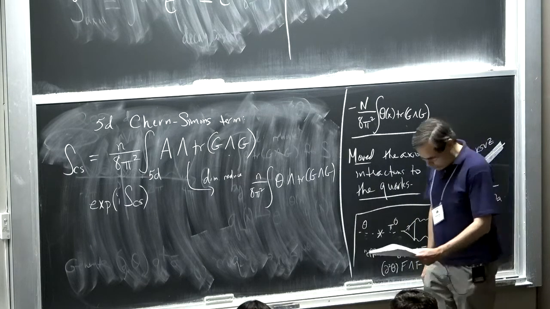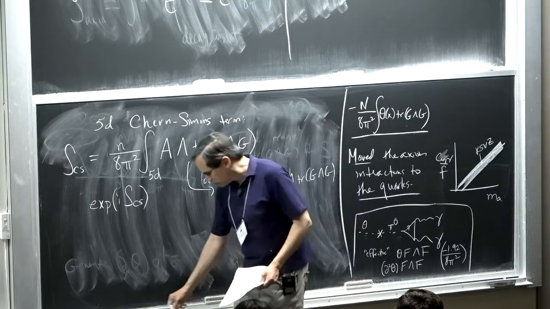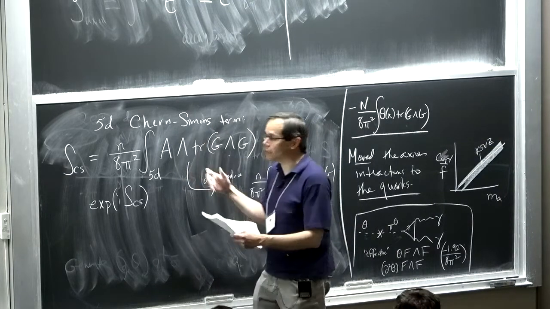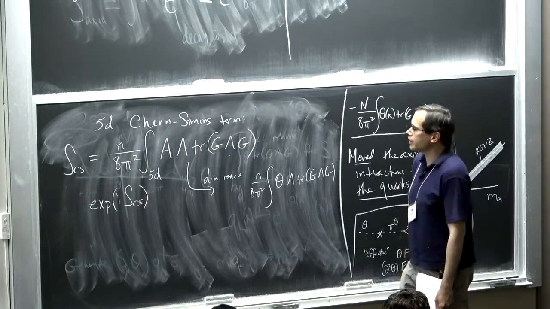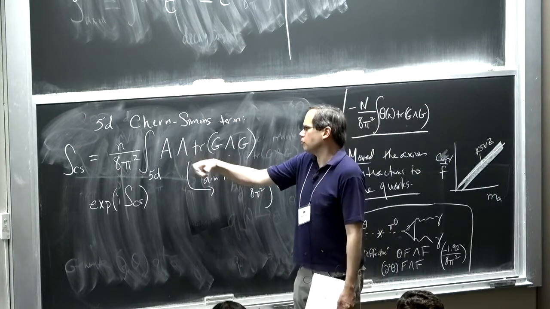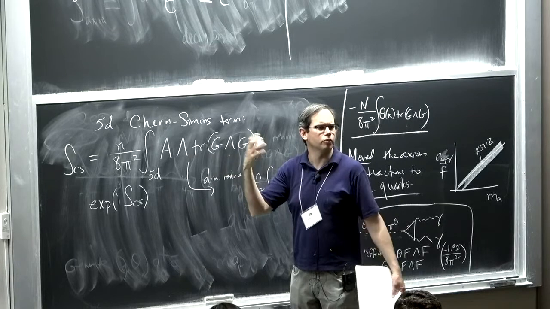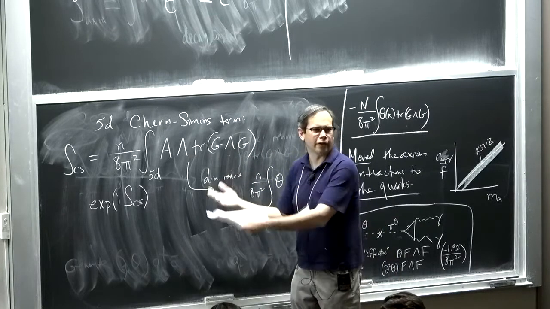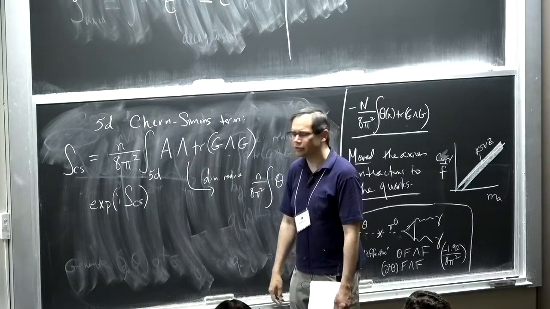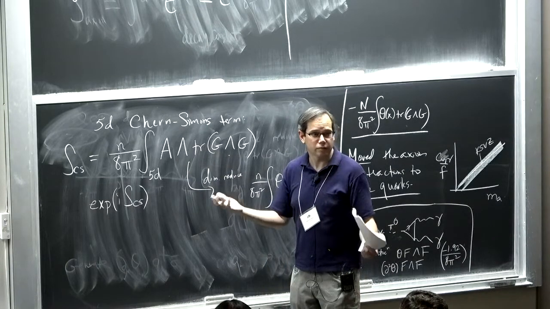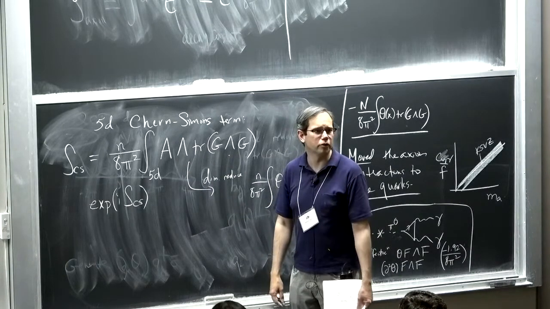So the extra dimensional theory can naturally have all the ingredients we want to solve the strong CP problem when we compactify. And in that theory, we didn't generate this Chern-Simons term by integrating out some chiral fermions like we did in 4D. It was just there. And these terms are naturally there in extra dimensional theories that we know about.